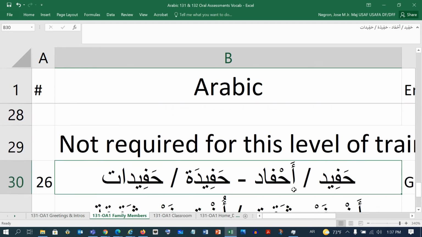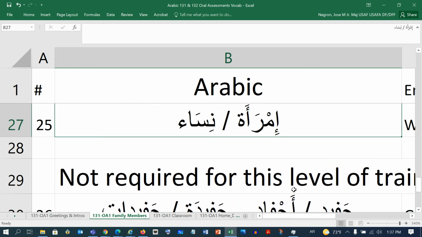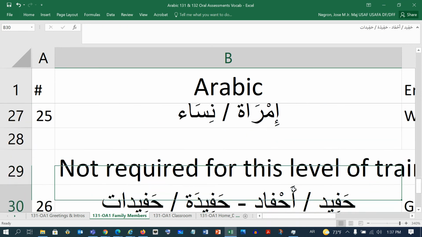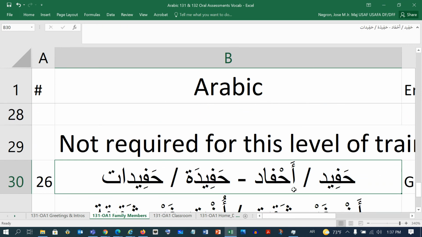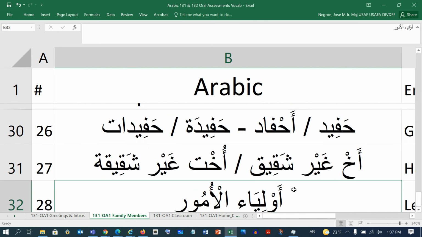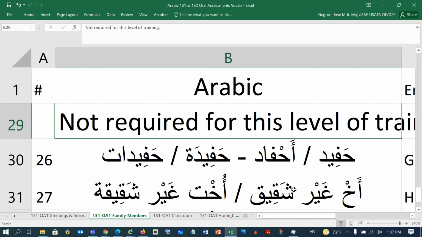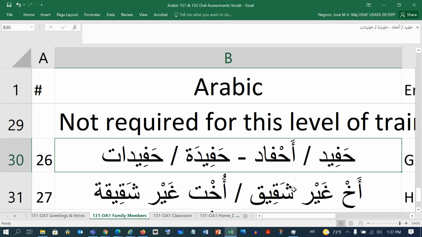And some words that you won't be required to know for the two courses, the 131 and 132 course, will be in your spreadsheet later on. You don't need to know these words, but they're all other words in case you're interested.